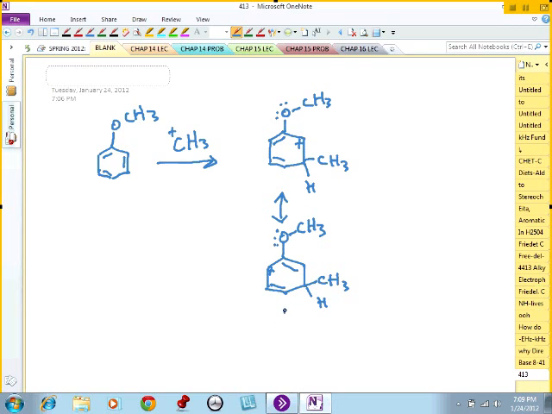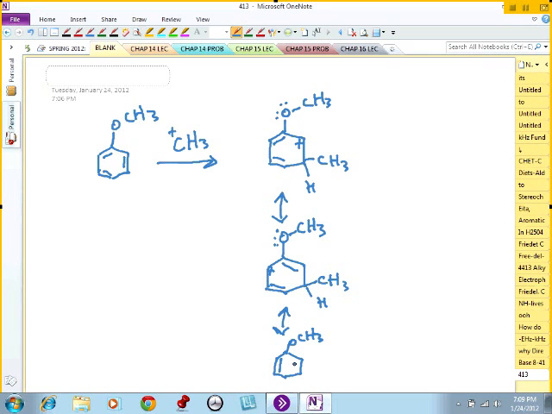Okay, so we move this again. We draw another resonance structure. Okay, so we move this to here.